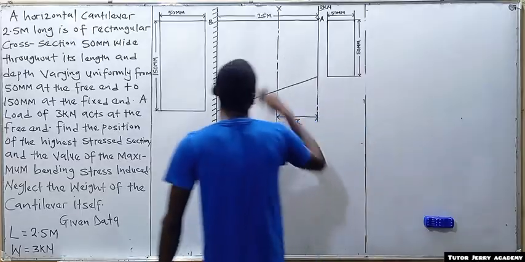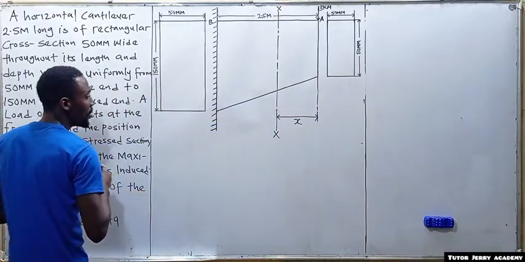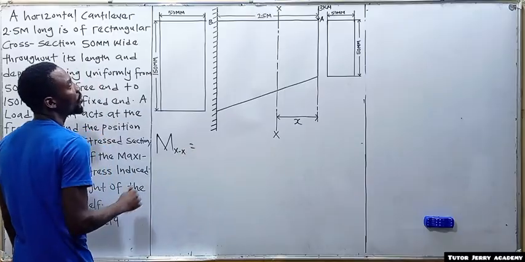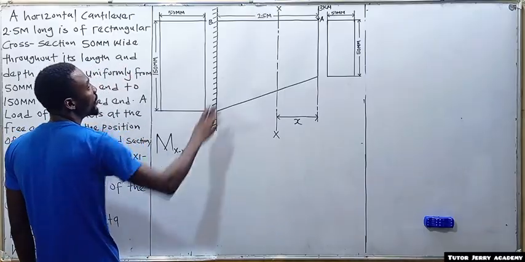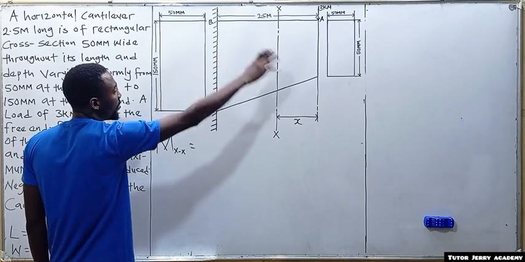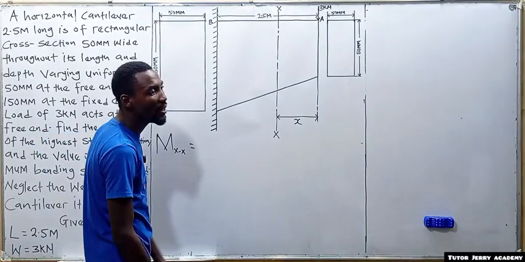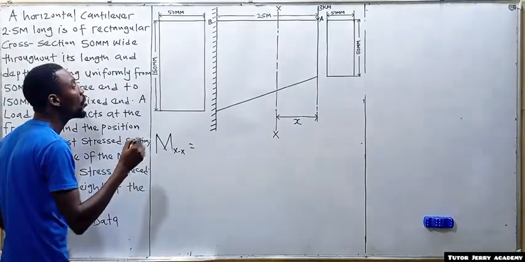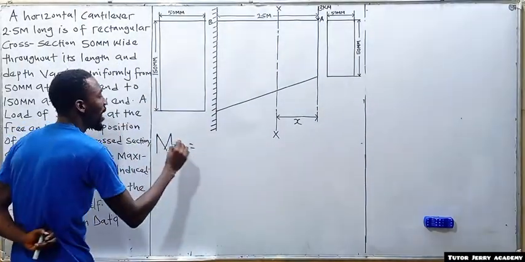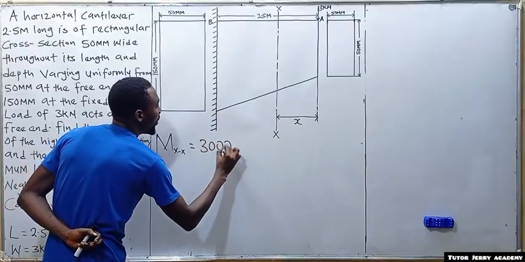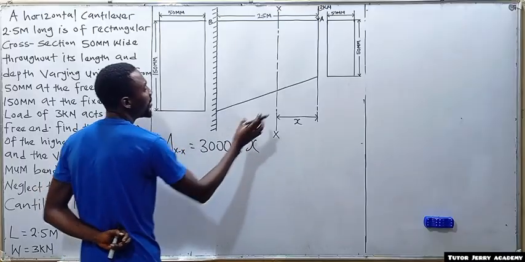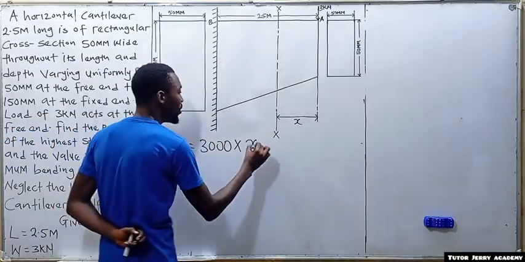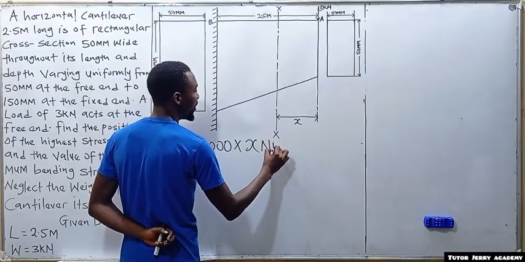If we take our moment about this section SS, the moment about section SS will be equal to the load, that is 3 kilonewton, multiplied by S. You know that kilo is 1000, so we are going to have 3000 multiplied by S. We are taking moment along this section, so this multiplied by this. The unit is going to be Newton meter.